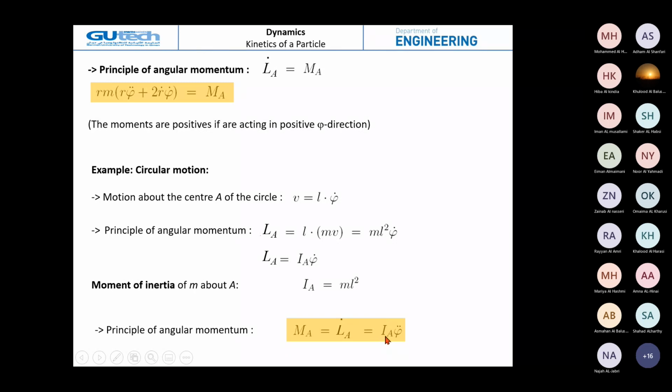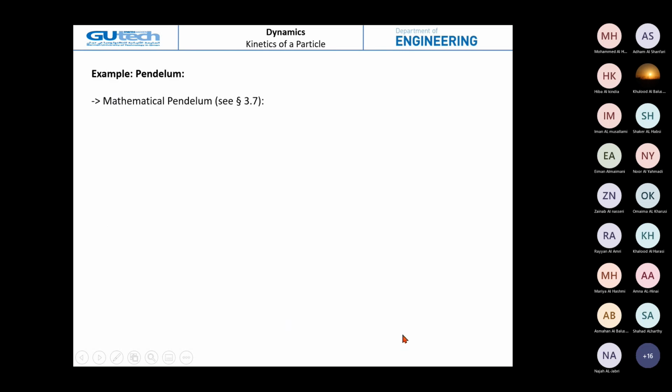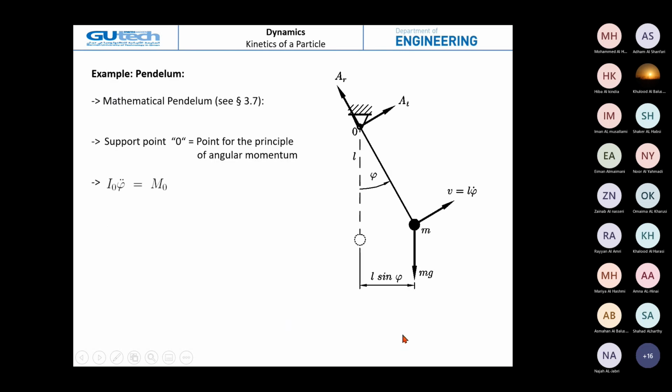In our case, it's I_O phi double dot. Then we have I_O phi double dot equal to the moment about the point O. It should be the same point here.